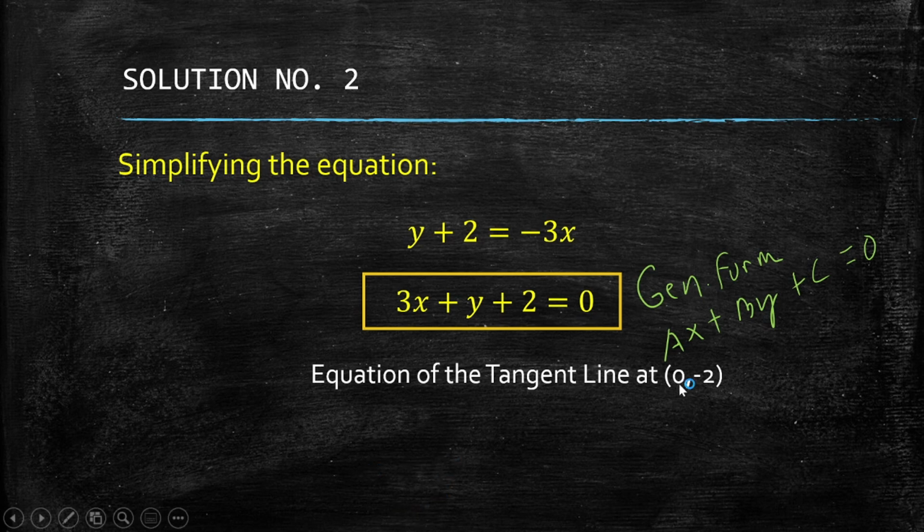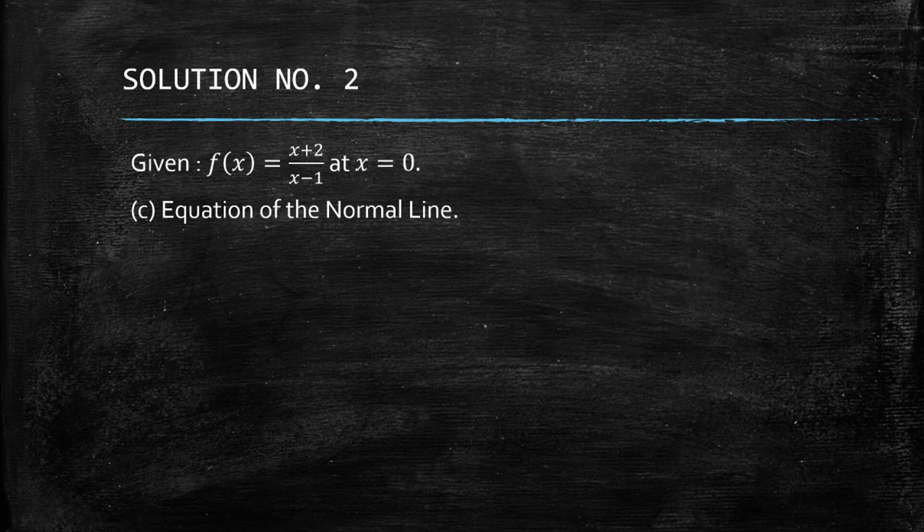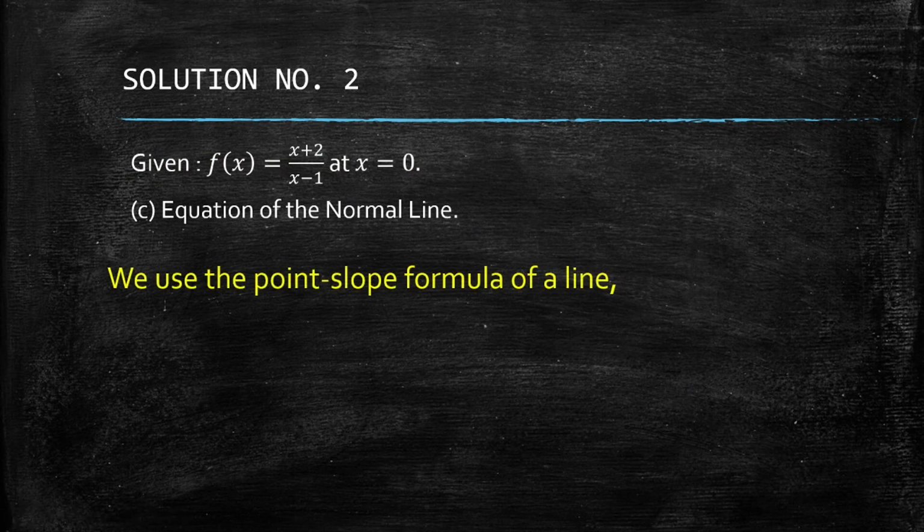And lastly, we have the equation of the normal line. We will use the point slope formula again because the normal line is still a line. The difference between the tangent line and the normal line is actually the slope.